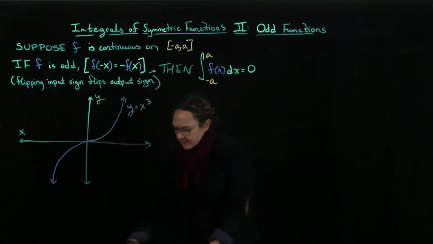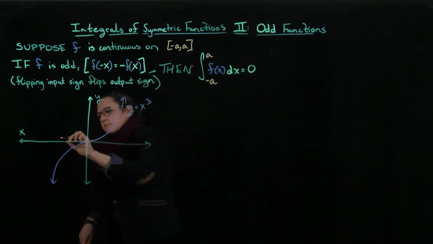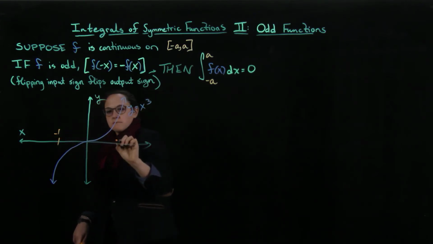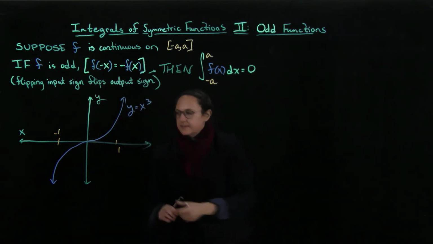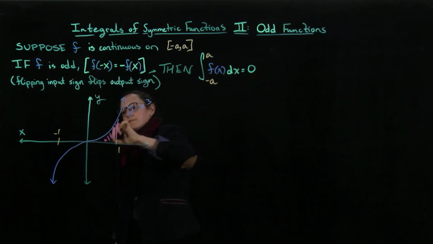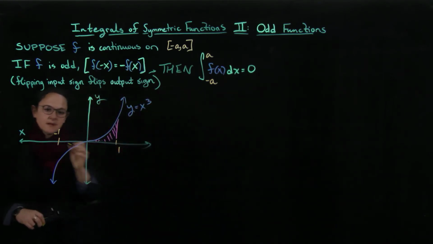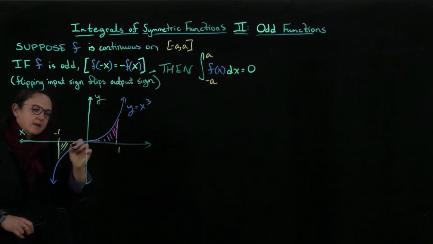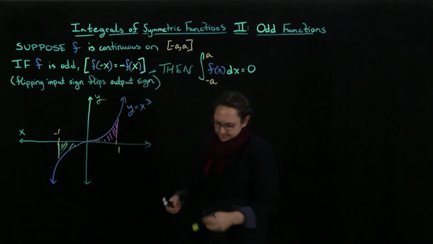If I look, for example, from minus 1 to 1 at these areas, they're the same area but with opposite signs.